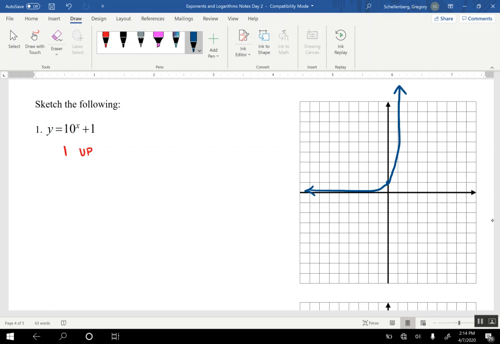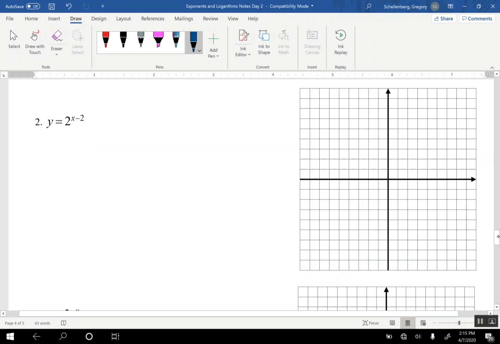If we shift this now 1 unit up, that horizontal asymptote's also going to move 1 unit up. Okay, so we'll do this transformed version in red. That y-intercept goes up 1, and the shape will be more or less the same, and it's going to look something like that.